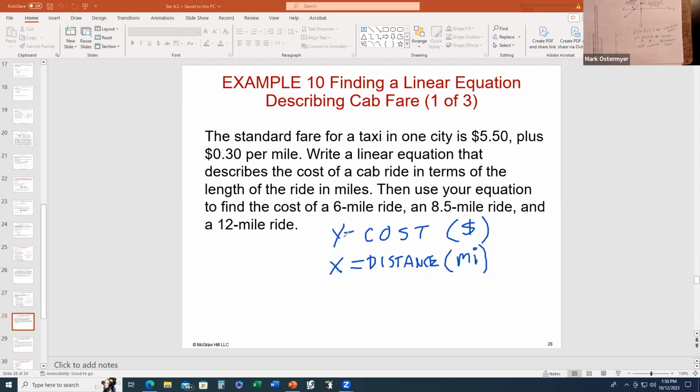Let's see, ladies and gentlemen, if we can write a cost function or an equation that relates y to x, cost to distance. Now, we know that the standard fee for just getting into a cab is $5.50.